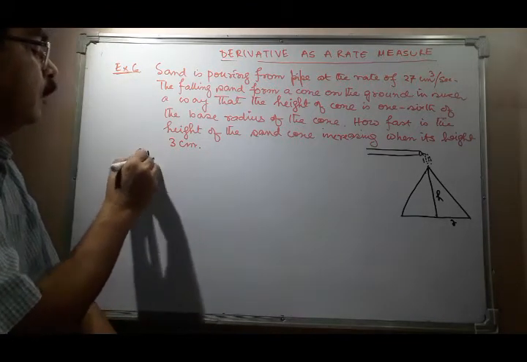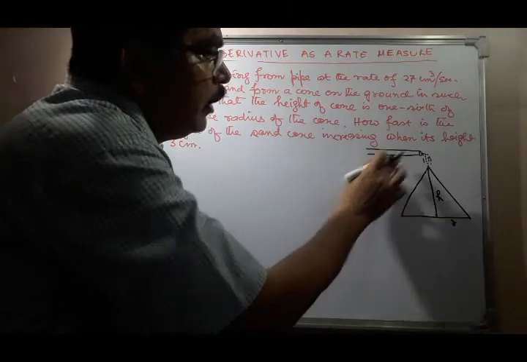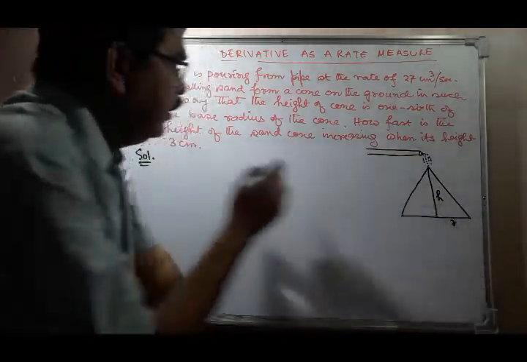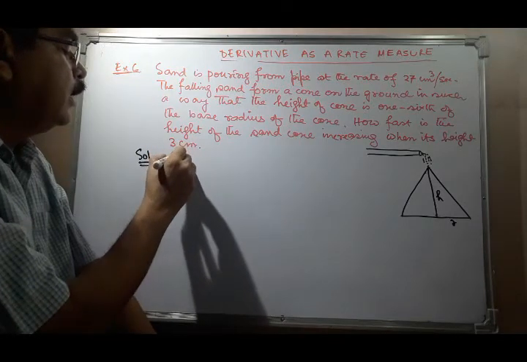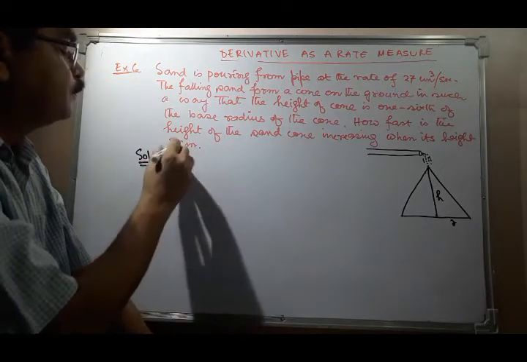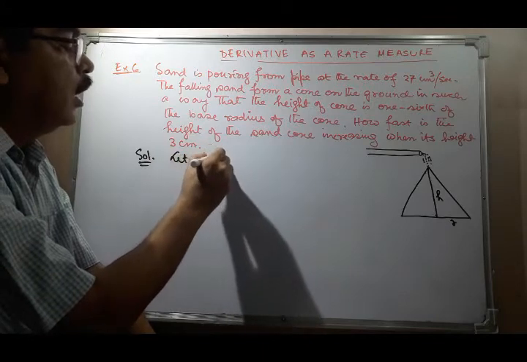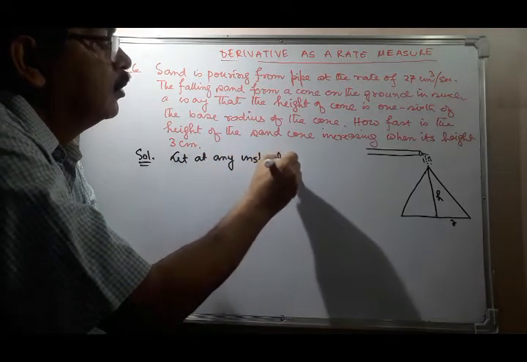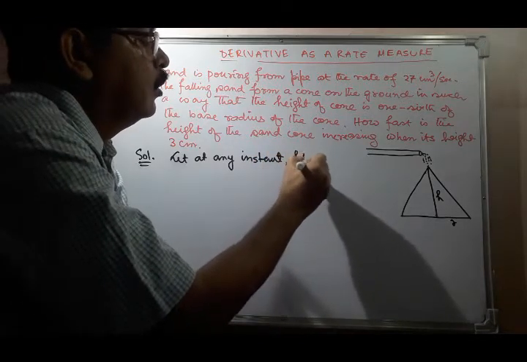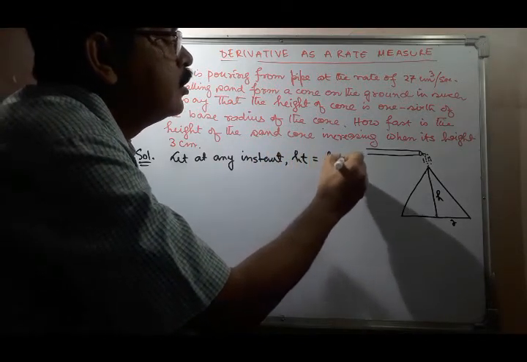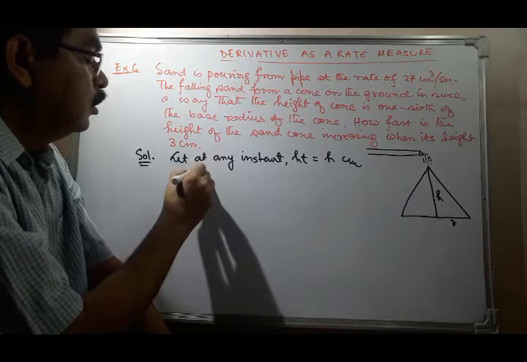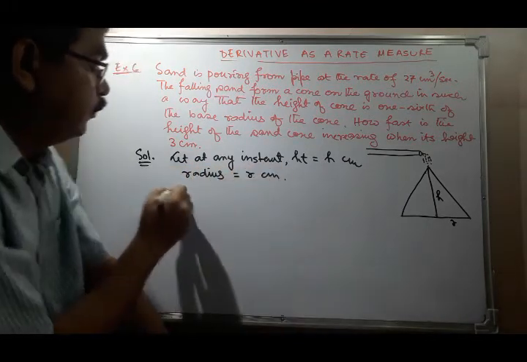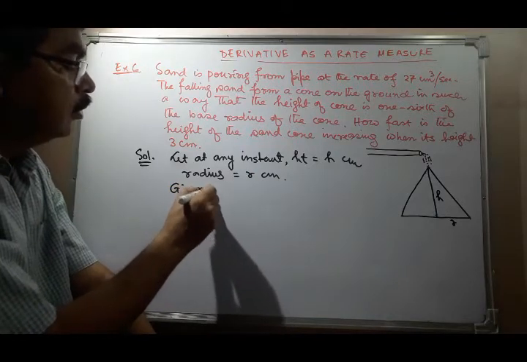Solution. I have drawn the diagram. This is the pipe. Sand is falling, forming a cone on the ground. Let at any instant height equal to h centimeter, radius equal to r centimeter. What is given here?